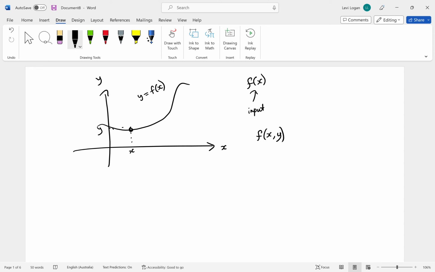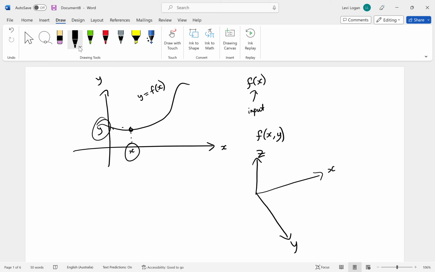But with multivariable calculus, instead of having a curve, imagine we get this whole axis and we add a z-axis to it. I'm just going to draw this is our x, this is our y, and this is our z-axis. Over here, one x value gave us a y value, a point on a curve.